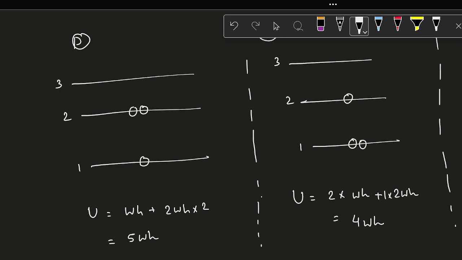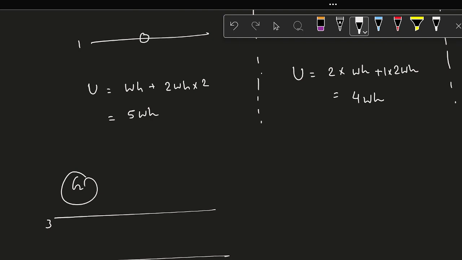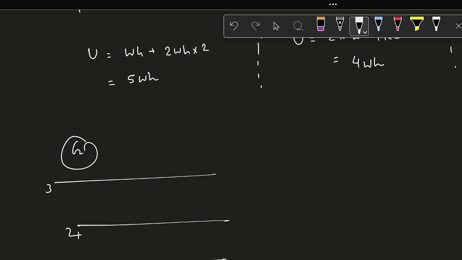Yes, yes. Yeah, thank you, that was a mistake. So this is 8 Wh, and then similarly moving on, we can now put 1 person on the third step and 2 persons on the second step. Then the total potential energy will be 2 Wh times 2 plus 3 Wh, and this is our 7 Wh.